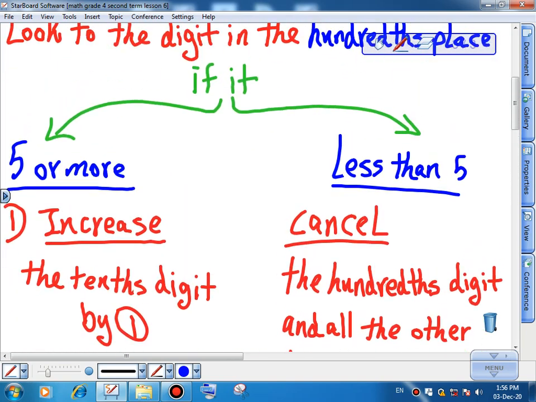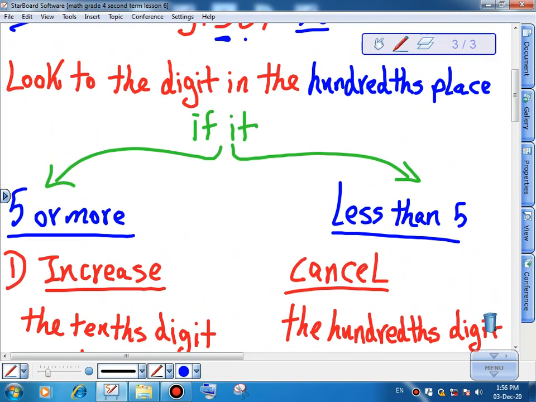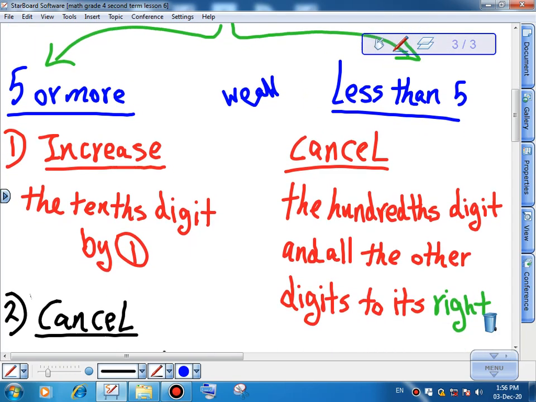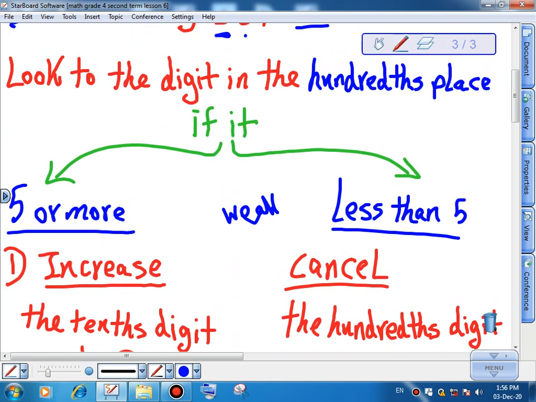And if the hundredth place is less than 5, which means it is a weak number, just cancel the hundredth digit and all other digits to the right side and keep the other digits as they are.